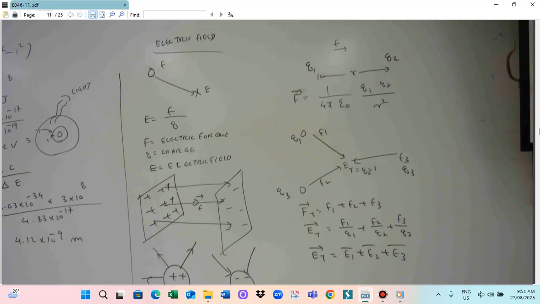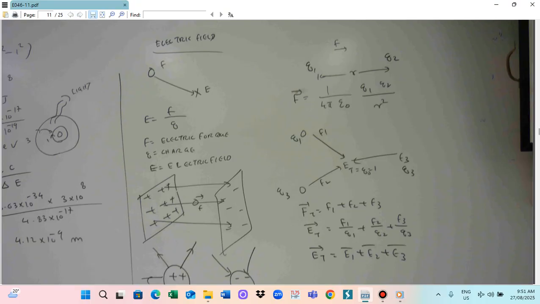There can be many electric charges placed at one position. For example, these positions are displayed: this is F1, for Q1, this is F2 and F3. Here you can calculate E total. F total is equal to F1 plus F2 plus F3.